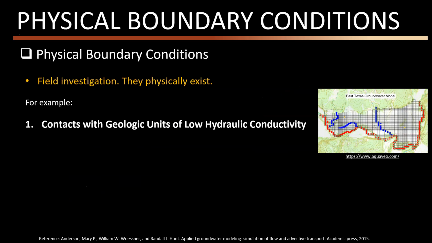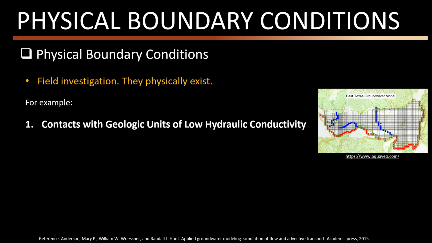Physical boundary conditions are usually defined or identified by doing some sort of field investigations, and they are usually obvious forms of boundary conditions because they physically exist in nature.